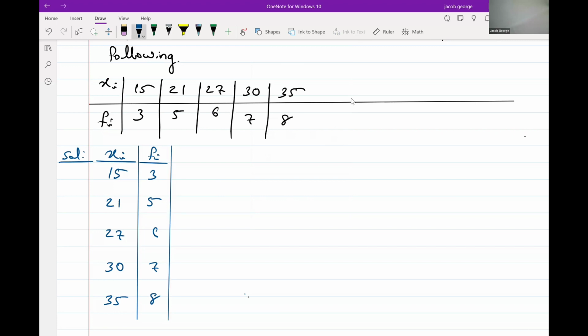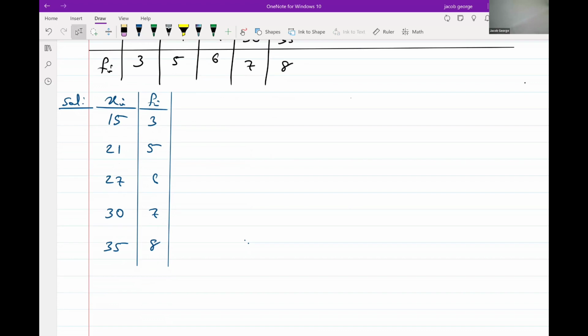What do cumulative frequencies mean? 15, 3; 21, 5. This means 15 repeats 3 times, like this: 15, 15, 15. Instead of repeated writing, it is given like this, 15, 3 times. 21 repeats 5 times.